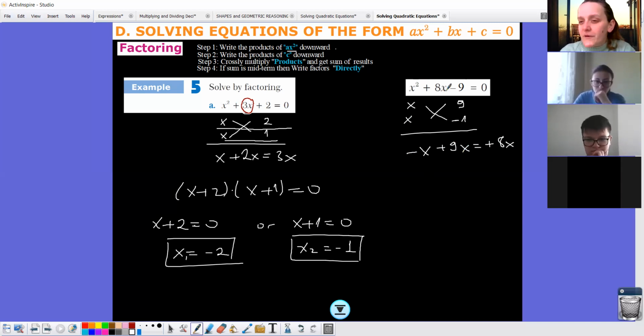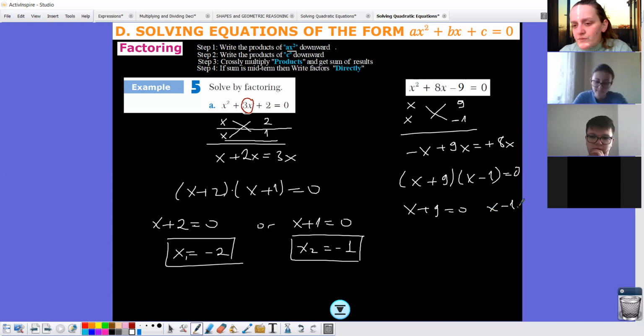So I have the midterm. Now I will write the factors directly: x plus 9 times x minus 1 is equal to 0. Then x plus 9 is equal to 0, and x minus 1 is equal to 0. From here I get x1 equals minus 9, x2 equals 1.